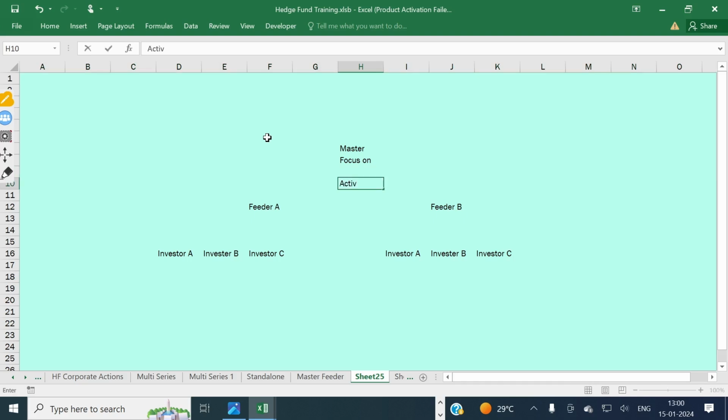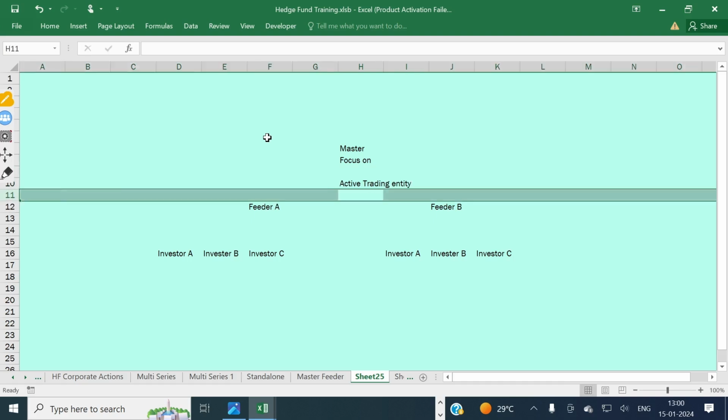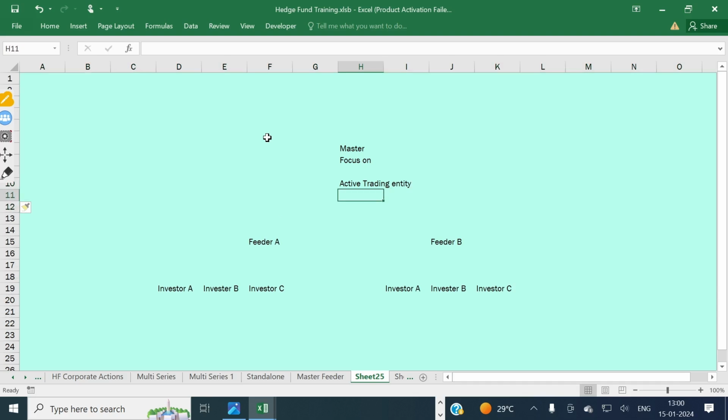Master is an active trading entity. Note down all of this; you may expect lots of questions on this. Active trading entity, which accepts capital for investing from feeders and any individual HNI or institution.